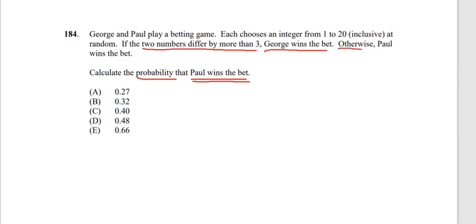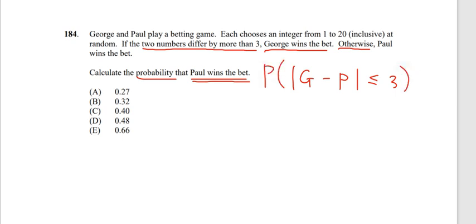Otherwise, Paul will win. So winning means the difference between George's number and Paul's number is less than 3, right? So we just want to find this probability.